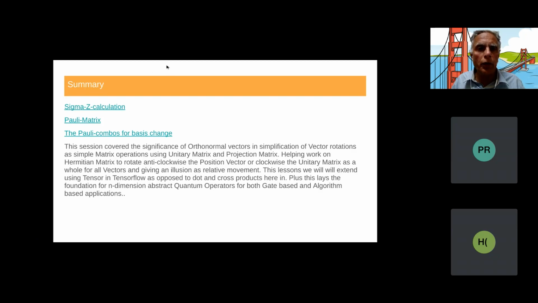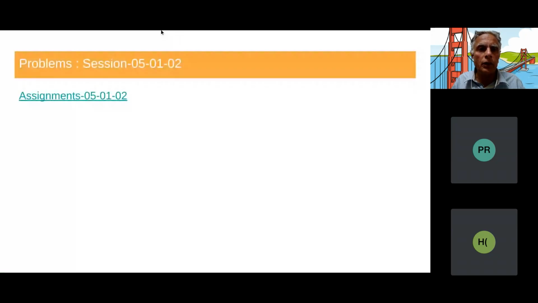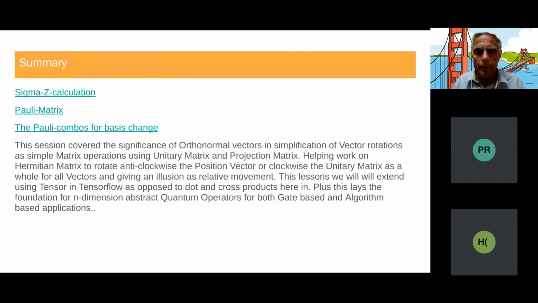The sigma z calculation, Pauli matrices calculation, and Pauli combination of basis changes, these three are put on the Jamboard. If I click on this, the sharing doesn't occur, so I don't want to break the continuity. Let me summarize and then I'll go back.